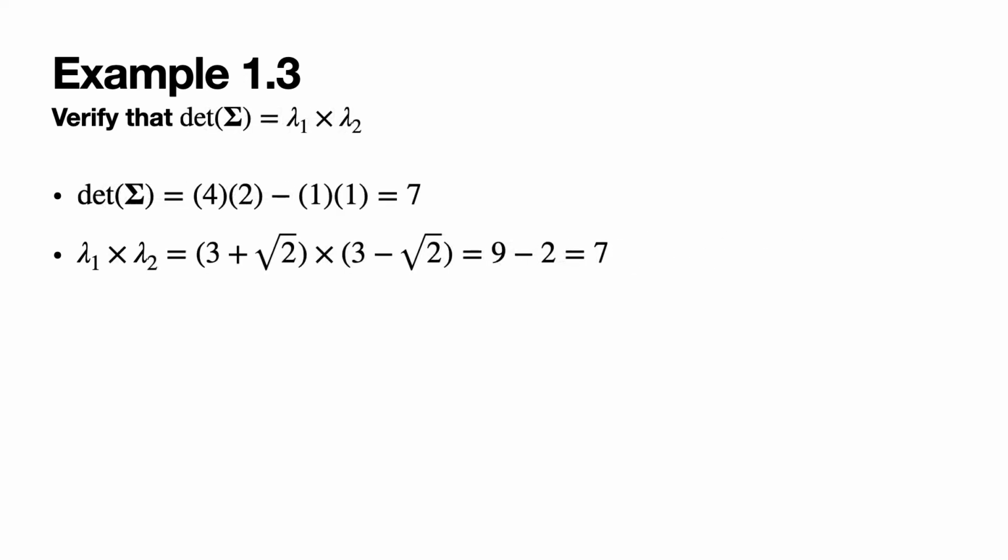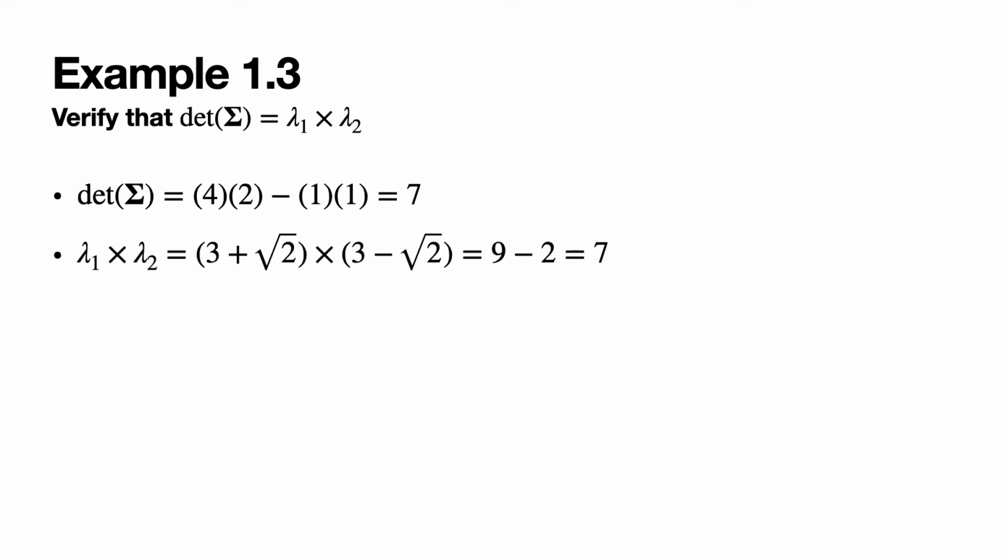Next, we're going to verify that the determinant of cap sigma is equal to the product of its characteristic roots. Now again, the determinant of a 2 by 2 matrix is equal to the product of the diagonal entries minus the product of the off-diagonal entries. And so that would be 4 times 2 minus 1 times 1, 8 minus 1, which is 7.